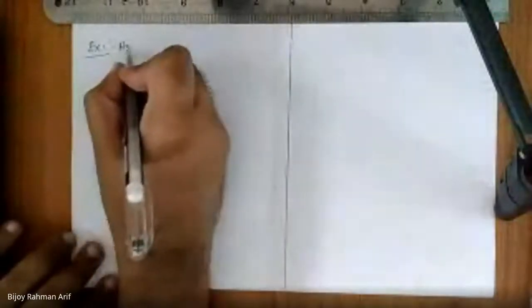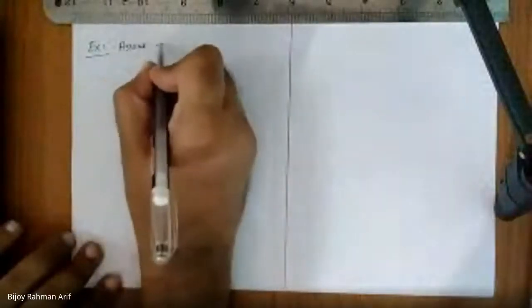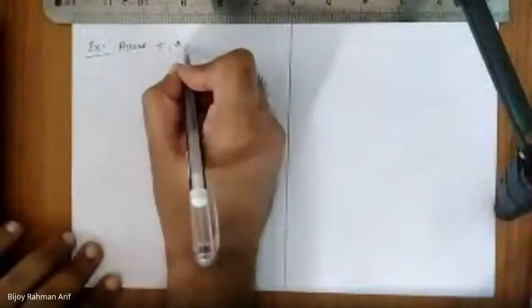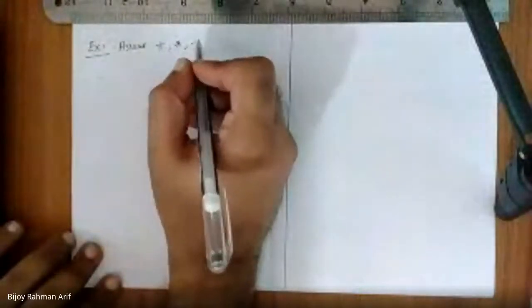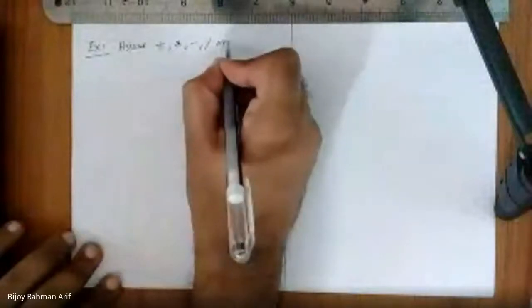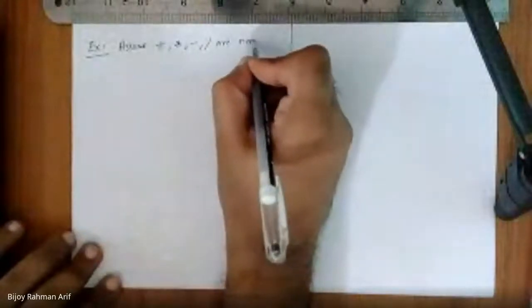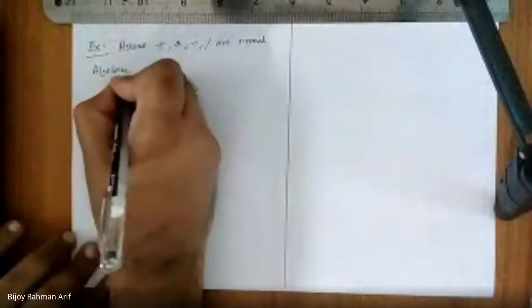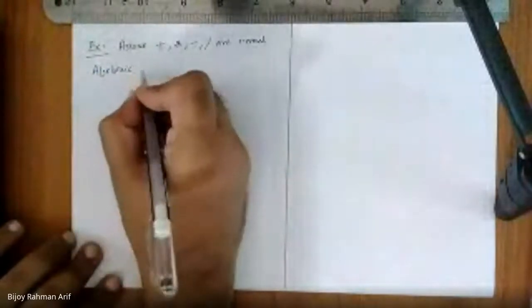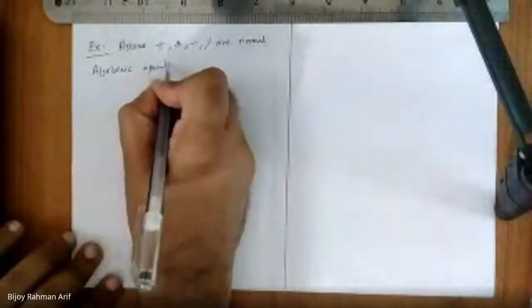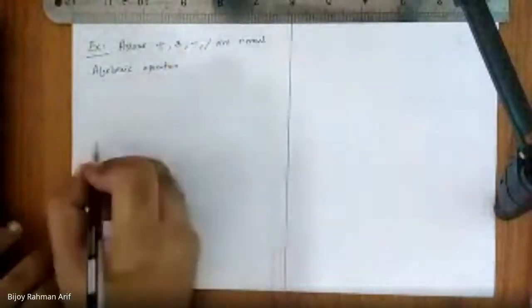Assume plus, star, minus are normal algebraic operations. Then let's take this grammar.